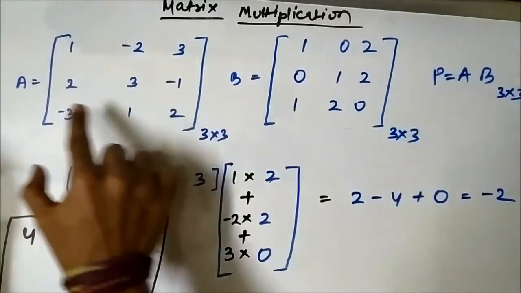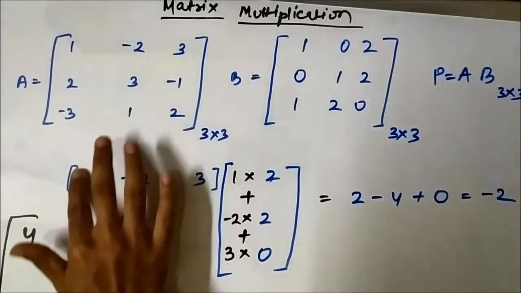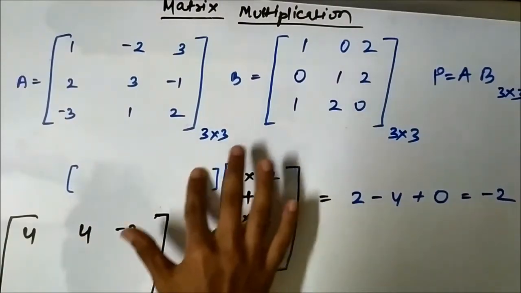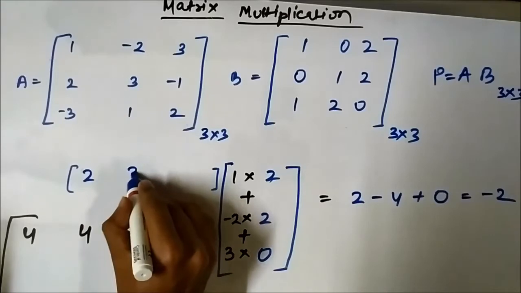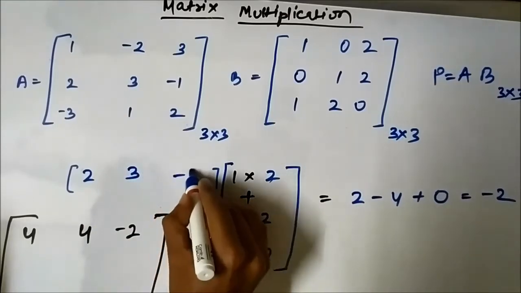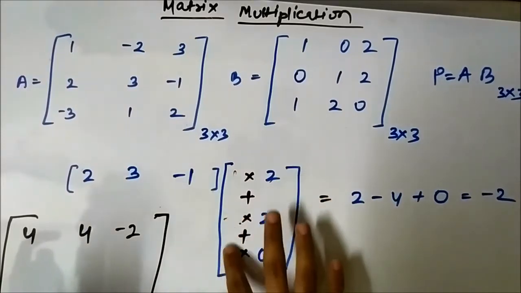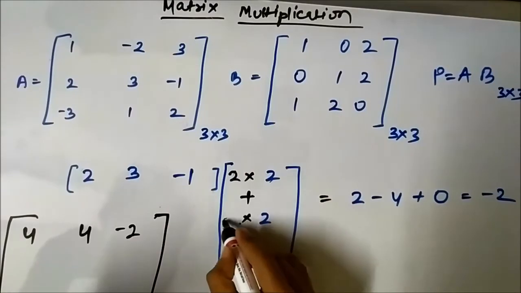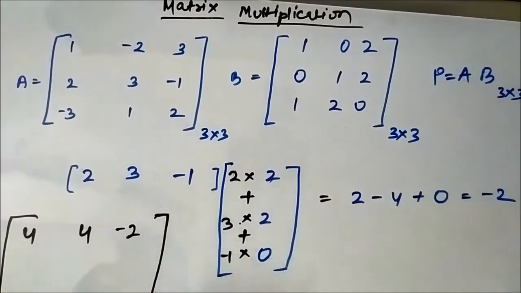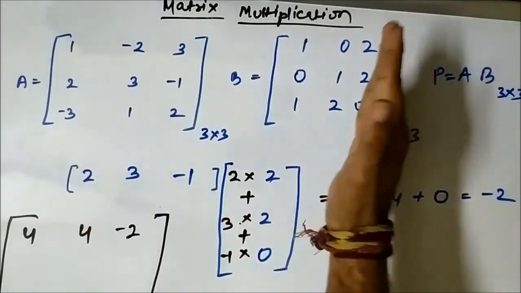So now it will be the turn of the second row, which is 2, 3 and minus 1. Now the second row will be multiplied with each of the 3 columns.